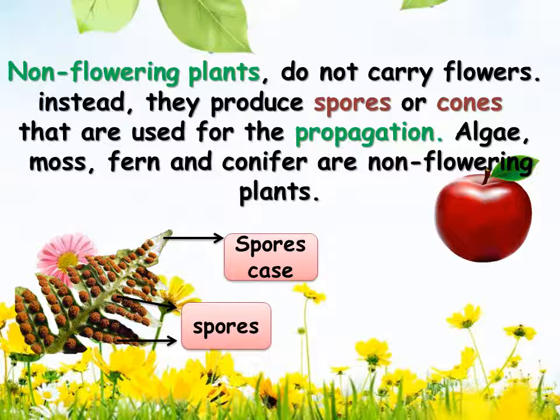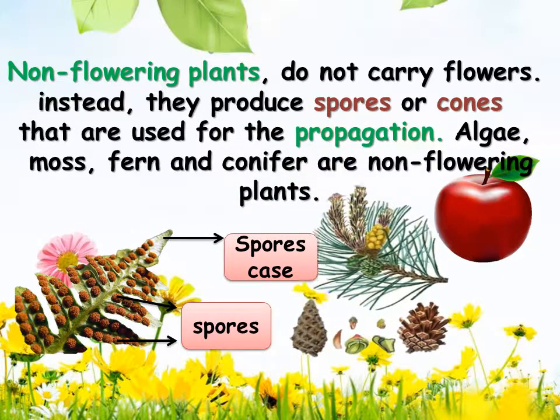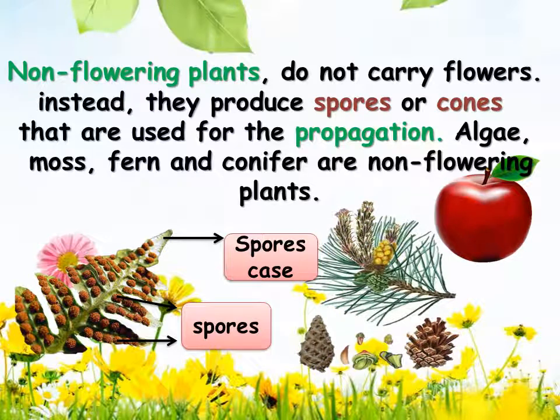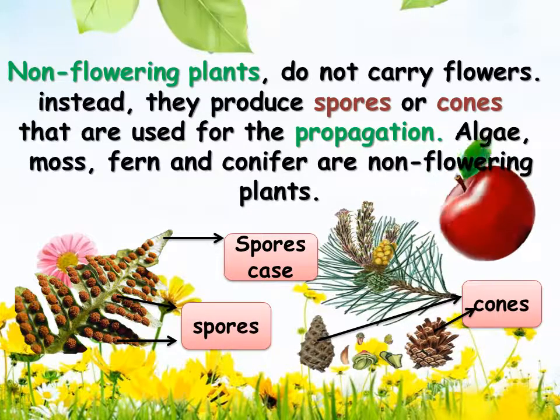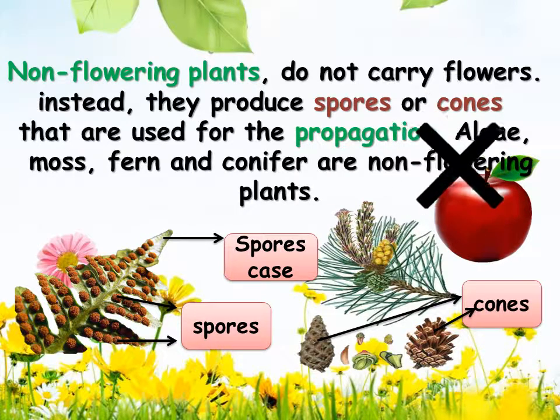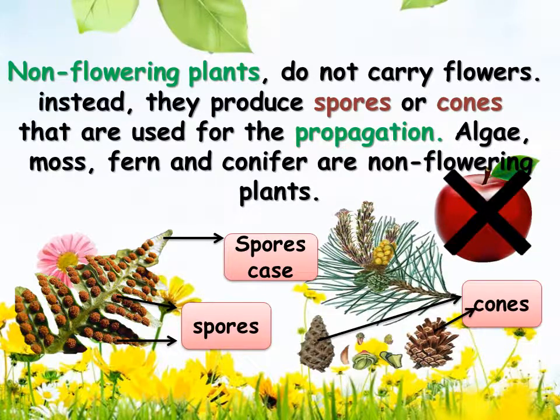These spores help the non-flowering plants, which is the fern, to reproduce. Next, we have cones. Cones from a conifer tree. These cones help the conifer to reproduce because the non-flowering plants do not bear fruits. So they need spores and cones.